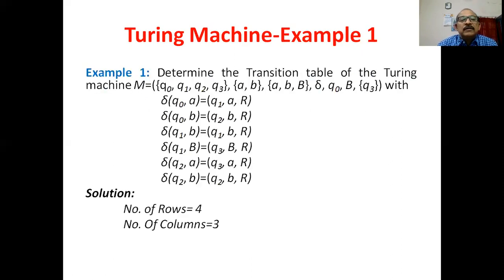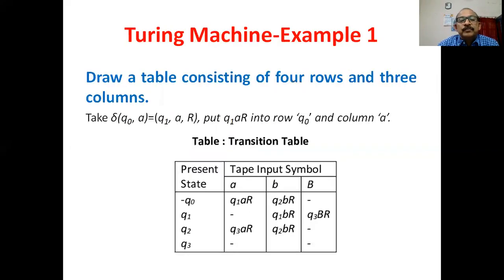Now let us see the second: delta(Q0, B) = (Q2, B, R), means we write Q2BR into row Q0 and column B. Here you can see Q2BR in row Q0 and column B. So this way we can make a transition table for a given Turing machine.